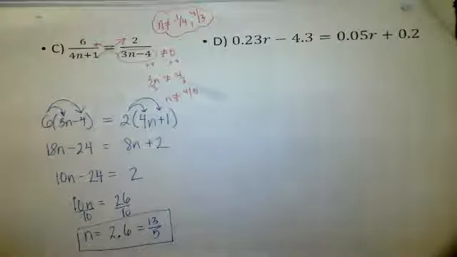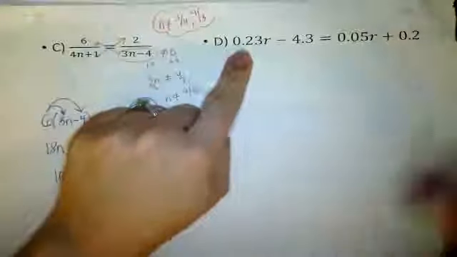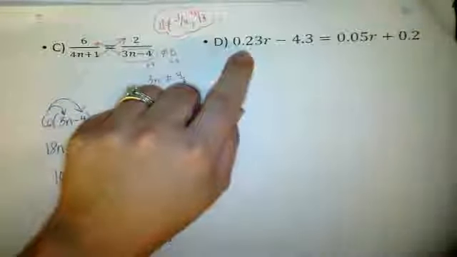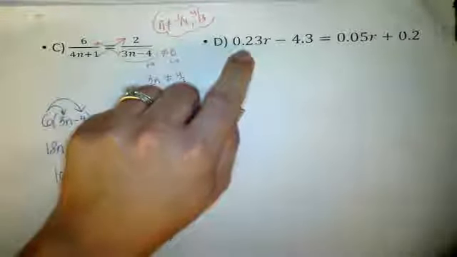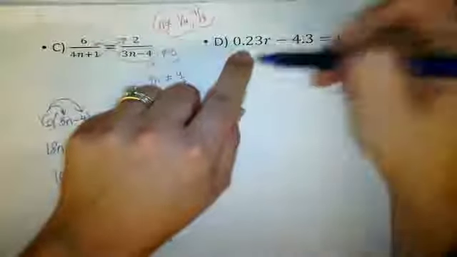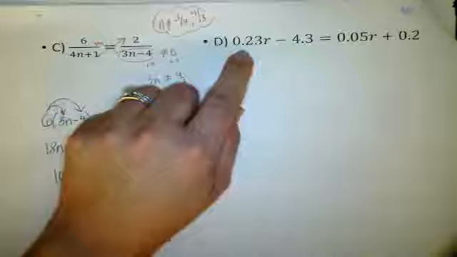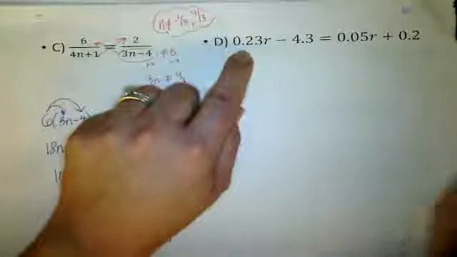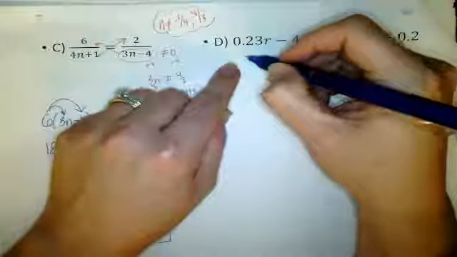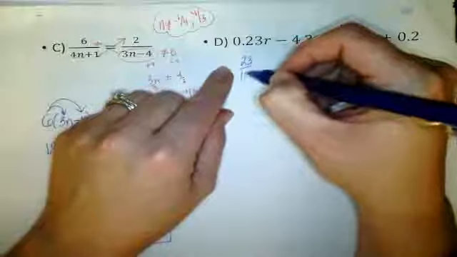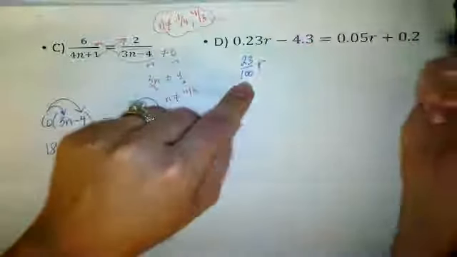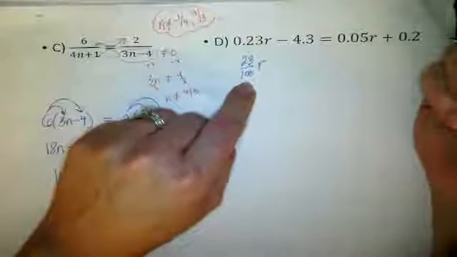Okay, the decimal 0.23 has a proper name. What is the proper name of the decimal 0.23? 23 hundredths, right? Guess what fraction that is? 23 hundredths. Oh, lordy.